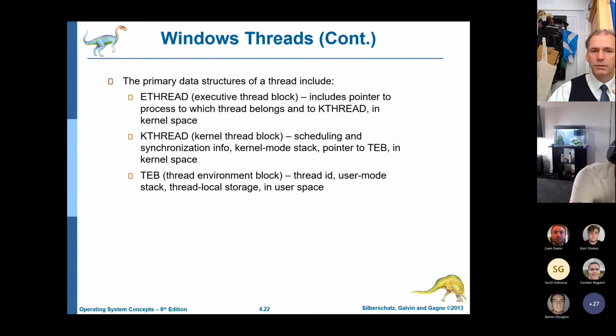That's then set up so that we have a control system that starts with an executive thread block. That points to where the kernel thread is, and then has a thread that actually runs from that.